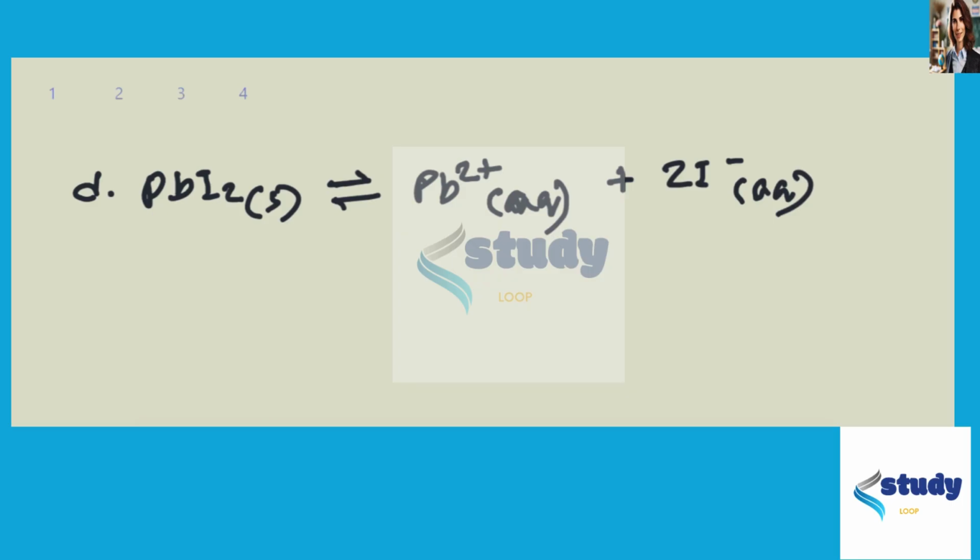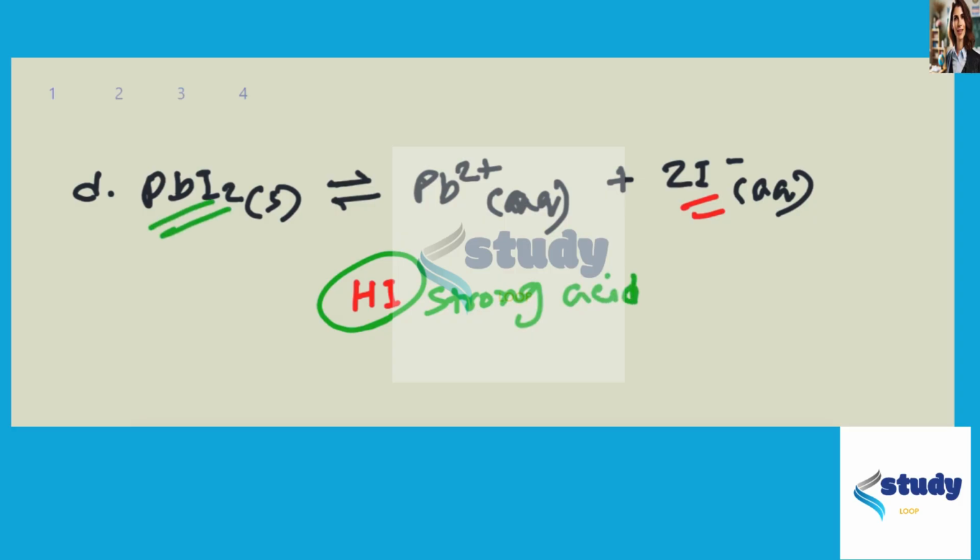Here this iodide ion will react with acid to form HI. And since this HI itself is a strong acid, that means the solubility of PbI2 in acid will not be more favorable.